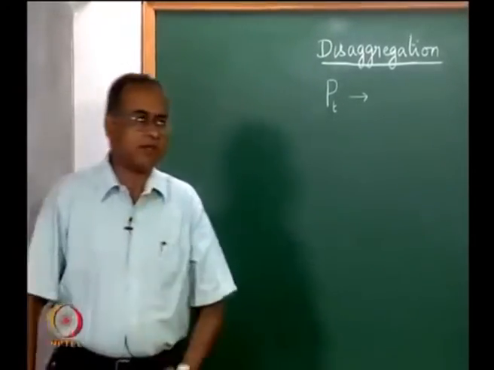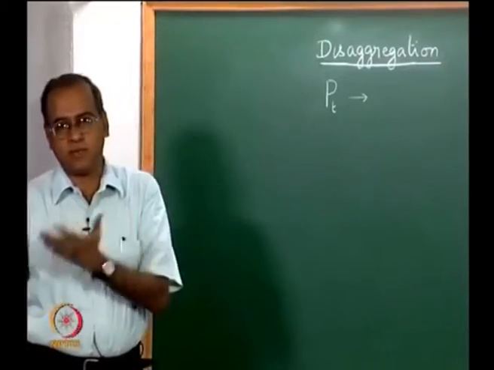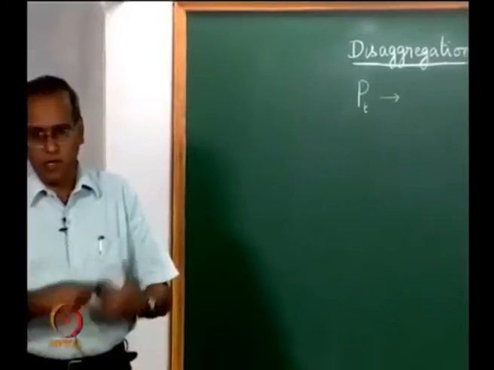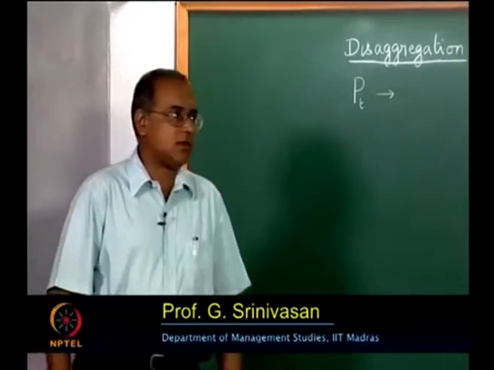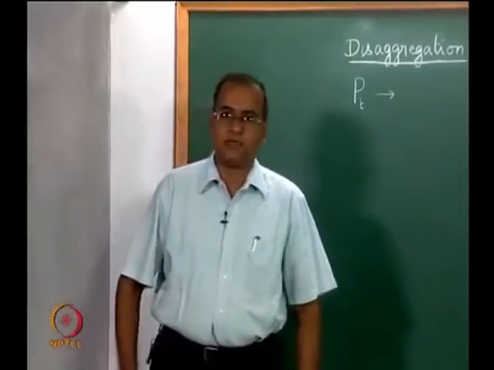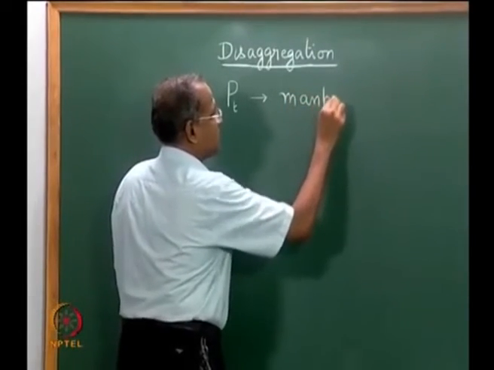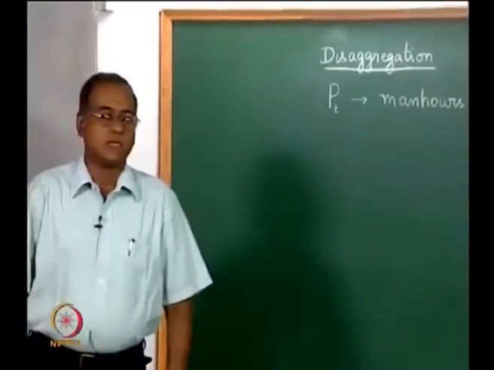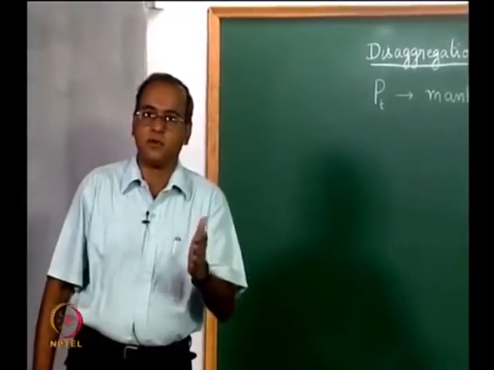and the variables such as PT, that is production time available in the period, which is a decision variable of an aggregate plan, WT, workforce used in period T, which is also a decision variable, and IT, inventory at the end of period T, were all defined in terms of a single unit called man hours or person hours, so that all of them can be measured consistently using a single unit.